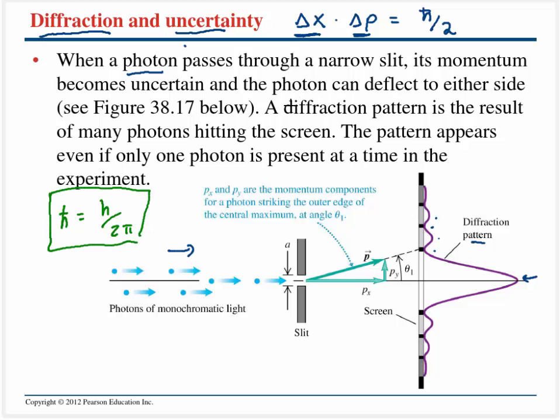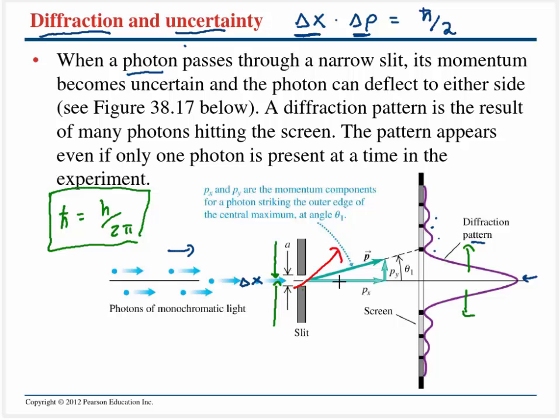So how does this work for diffraction? Well, something we know for diffraction is that if we took this slit and we made it more and more narrow, then the diffraction pattern is actually going to get wider and wider, at least the central band. So what we're doing is increasing our knowledge of delta x when we lower the slit, but we're going to have photons that are coming through it at all angles.